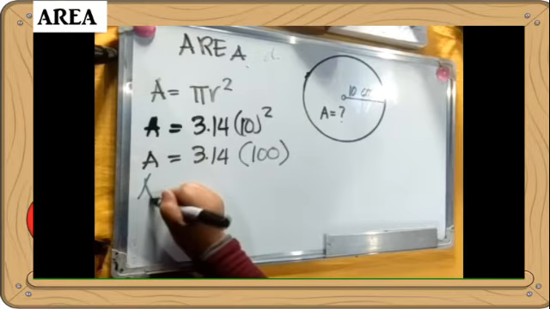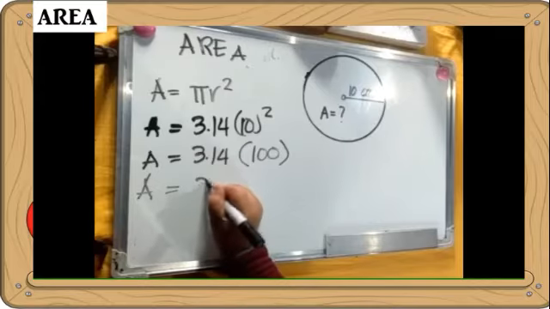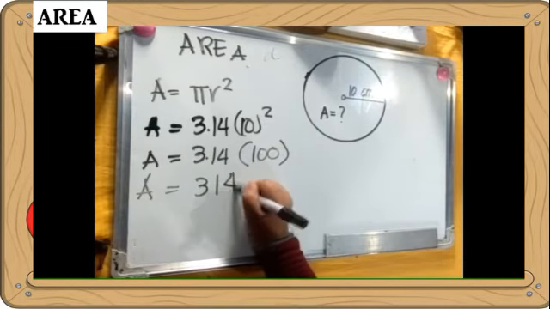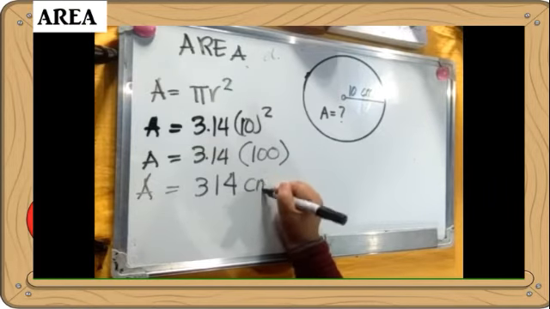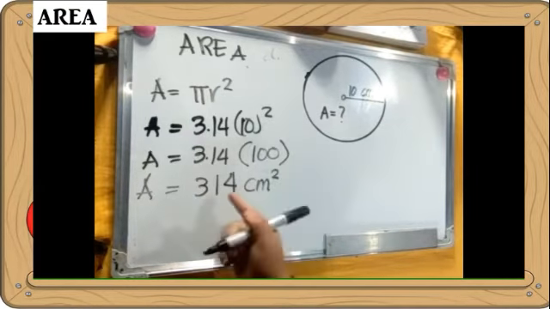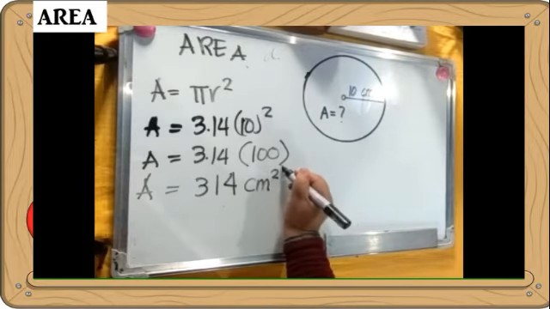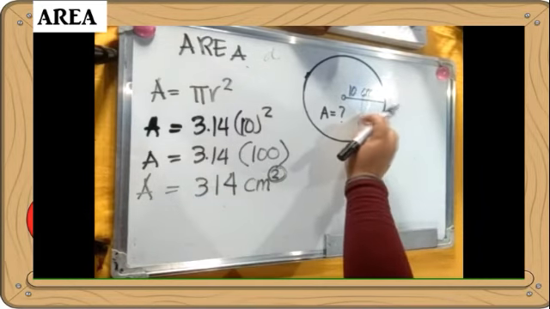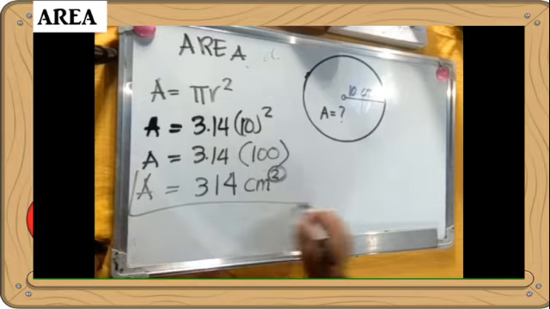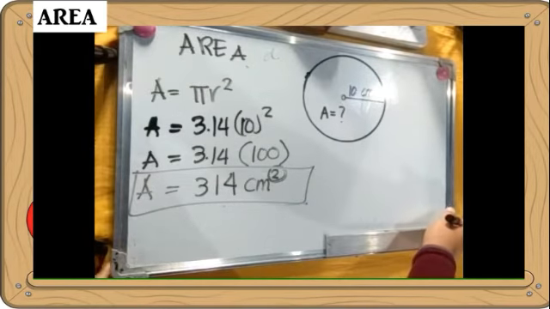So, next is 3.14 times 100, we have 314. Right? Unsa iyahang unit class? Centimeter squared. Okay. So, reminder, basta gali magkuha ta sa area, always na siya nga naka-squared. Okay? So, this is now the area of this circle. Naka-follow? Very good. Any question? Wala. Okay.